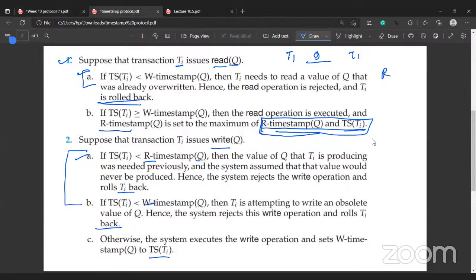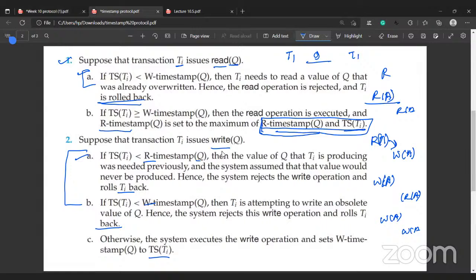Because you can see that the conflict instruction in the read case is only write A, because read A and read A will not be a conflict instruction. So you are checking only one condition. While in writing, there can be two conflict instructions, read A also and write A also, right?